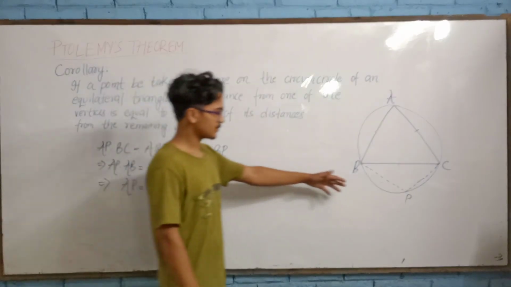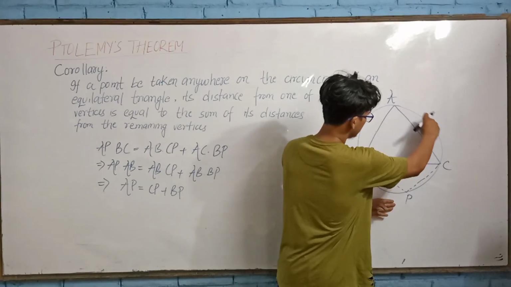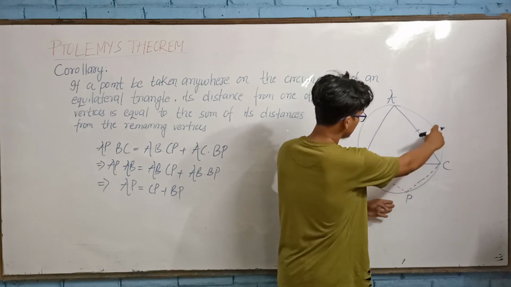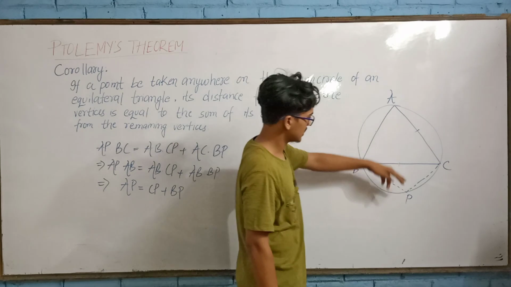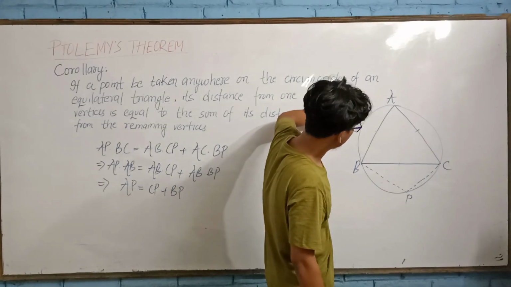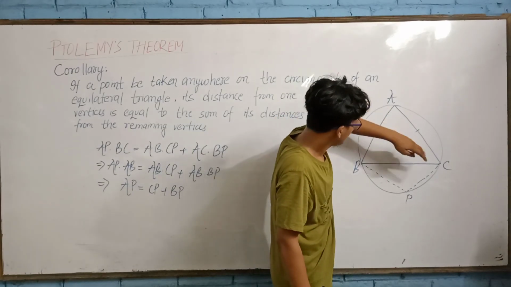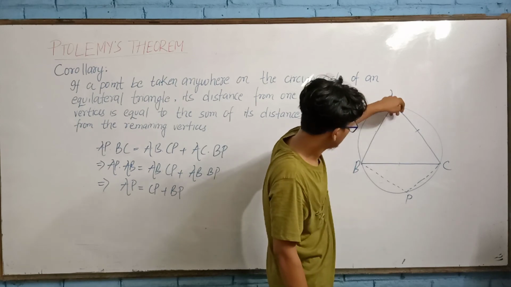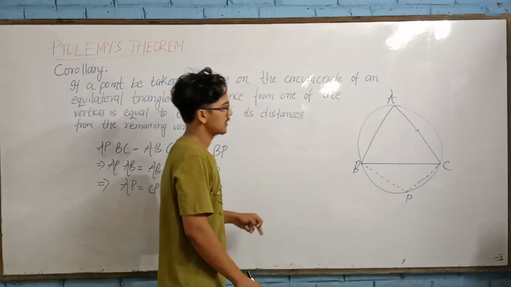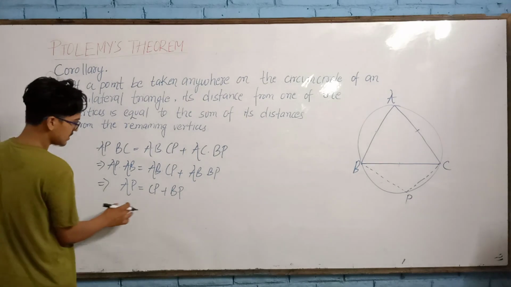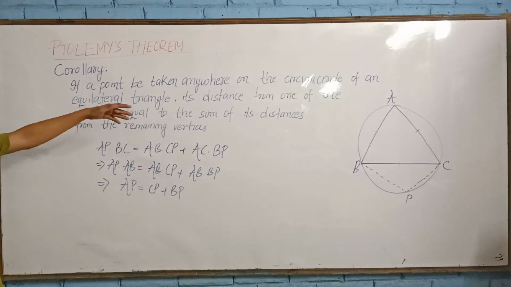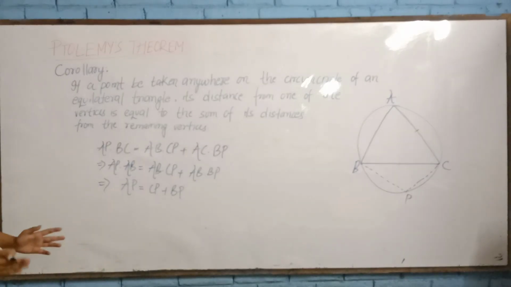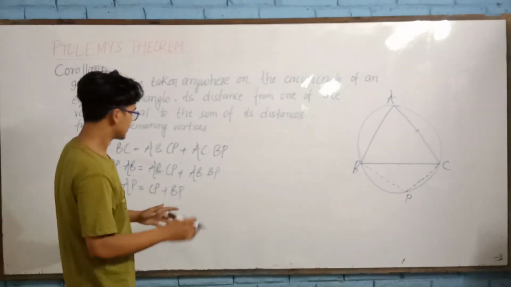If you take this point somewhere on arc AC, then you will get BP equals AP plus CP. If you take this point on this arc, then you will get PC equals AP plus BP. So our result, that the distance of point P from one of the vertices is equal to the sum of distances from the remaining vertices, is proved.